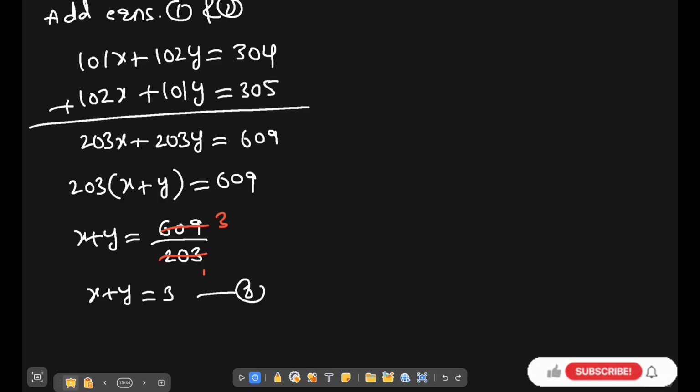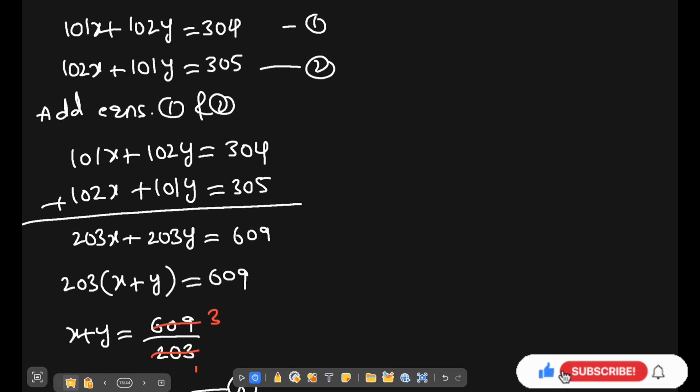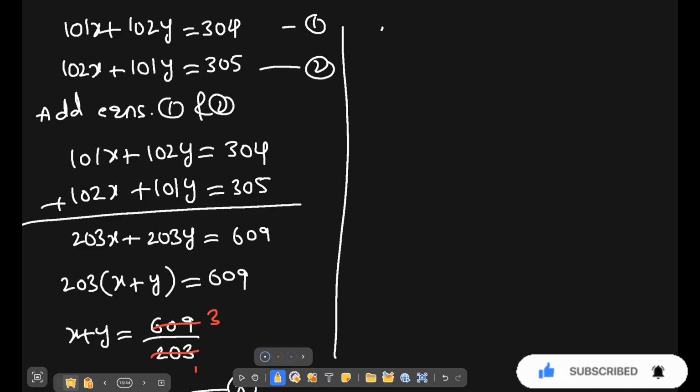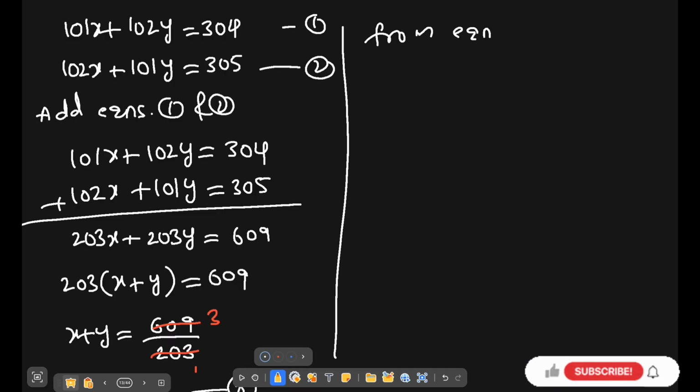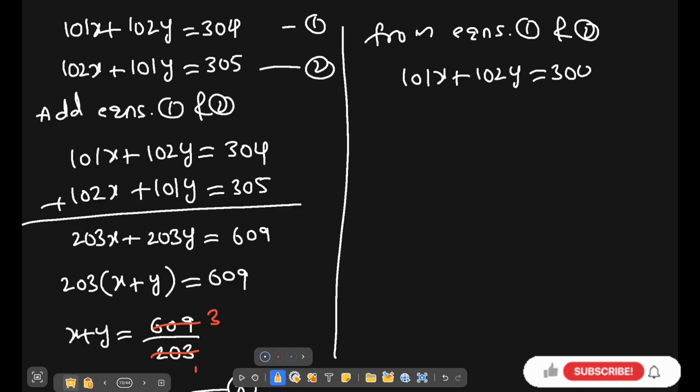Now in the second case, subtract equation 2 from equation 1. So you can write like this. From equations 1 and 2. What is equation 1 here? 101x plus 102y is equal to 304.